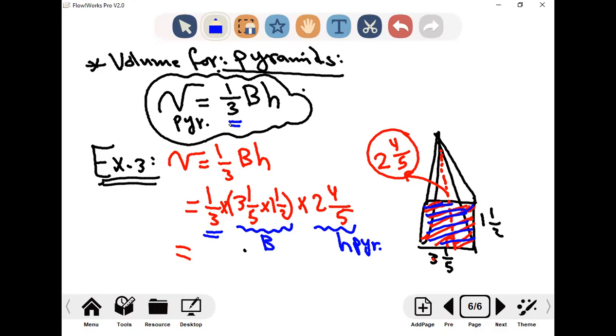It will be 4.48, and the unit is what? Done? Is this clear? Let's do the check after this example together.